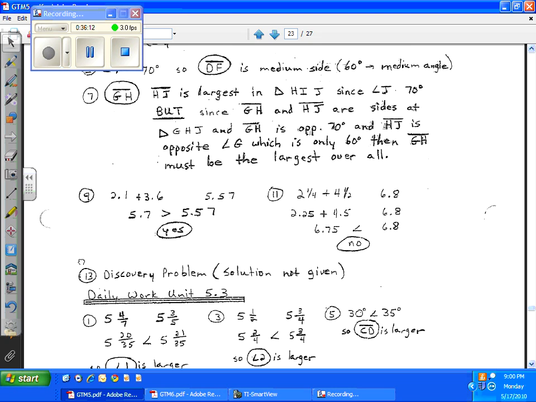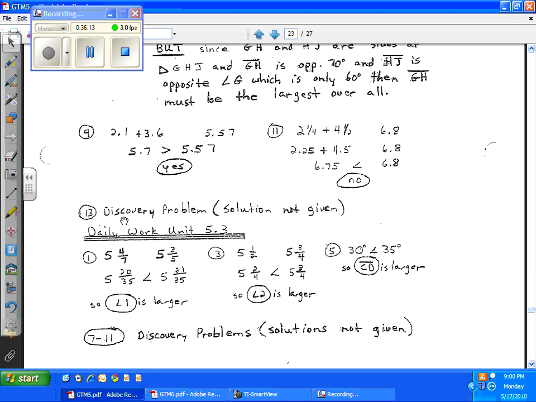That's going to help you with some of this. Notice discovery problem solutions are not given. But we know that in the discovery problems, the word part of the answer is the rule for the next page. So all you got to do is go to the next page and look at the theorems, and there's your answers. Okay. The numbers, as far as your measuring, is not there. You just got to do that.